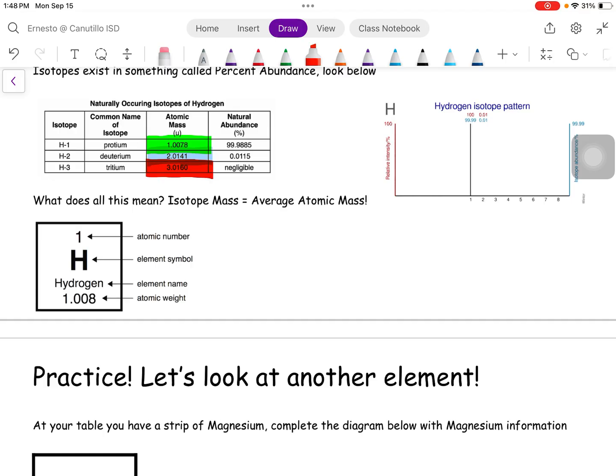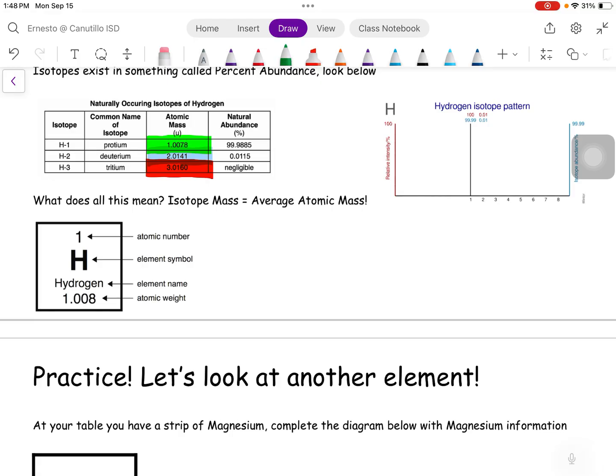Okay, so those are our masses for each isotope. Now, as we go through, you get finally to natural abundance, which is the same thing as percent abundance, which is the same thing as relative abundance. Okay, what we see here is that hydrogen 1 has a 99.9885% abundance.